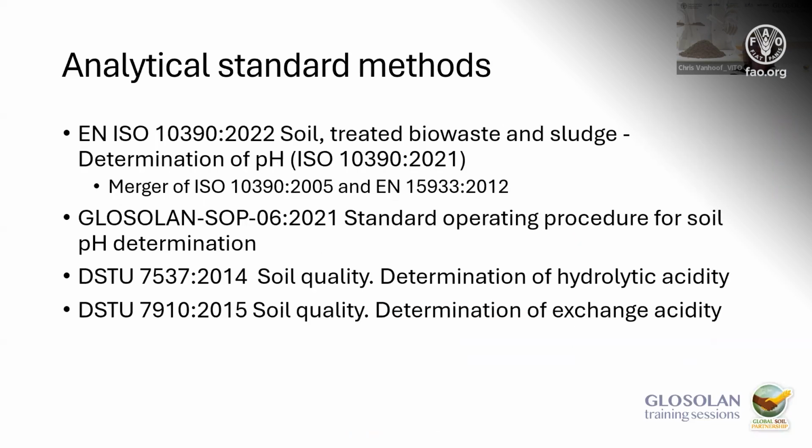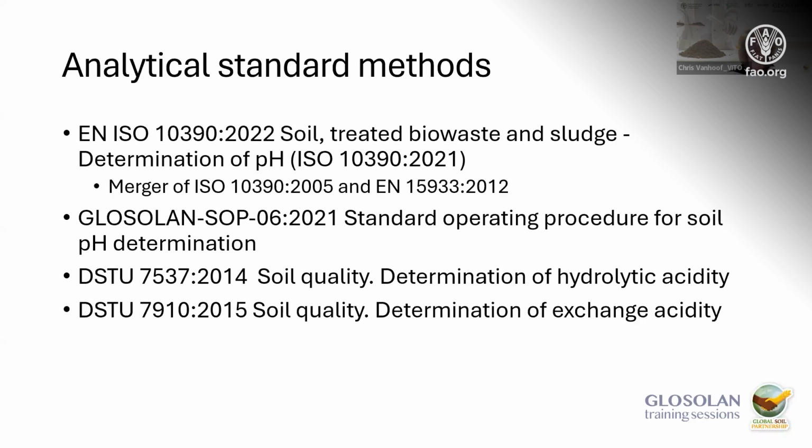If we look at the standard methods that are available, we always rely on the European standard methods and the ISO methods. The EN ISO method 10390 covers soil, treated biowaste and sludge, and describes the determination of the pH. This standard is a merger of the ISO standard of 2005 and the European standard of 2012.